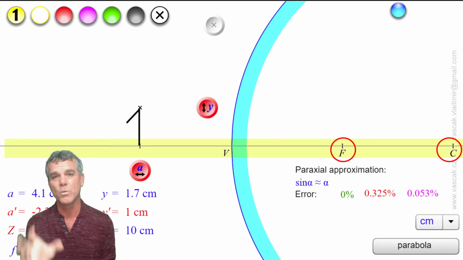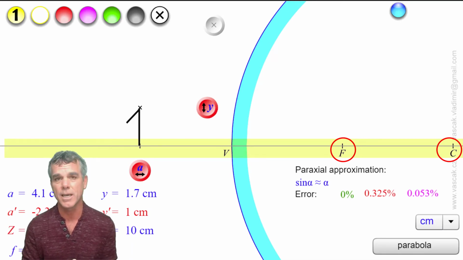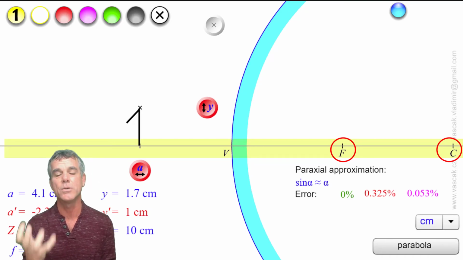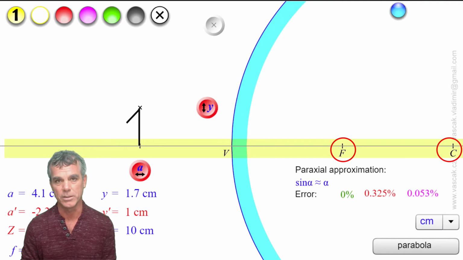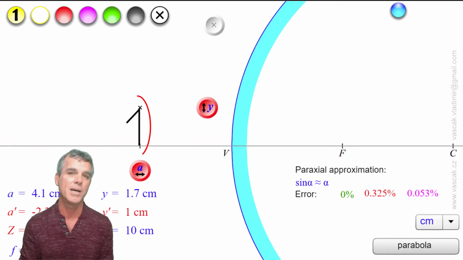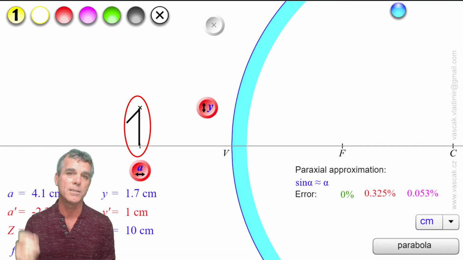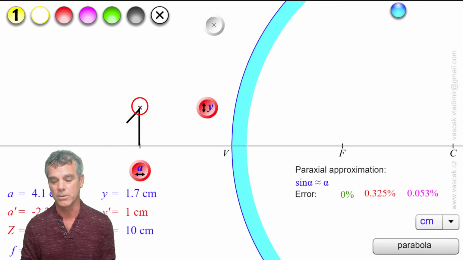Keep in mind that if we wanted to get a mathematical answer using ray tracing, I'd have to break out a ruler and draw everything to scale, but we're just trying to get the general characteristics of the image produced by a convex mirror. Again, no matter what the object is, you're always going to draw the object as an arrow, and then you're going to draw the 4 principal rays starting from the tip of the arrow.